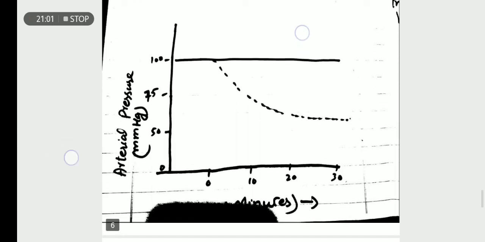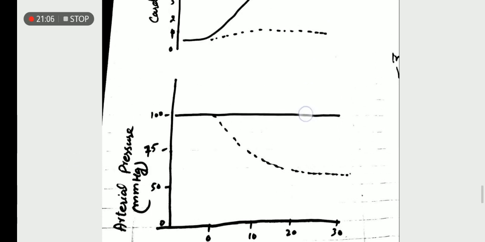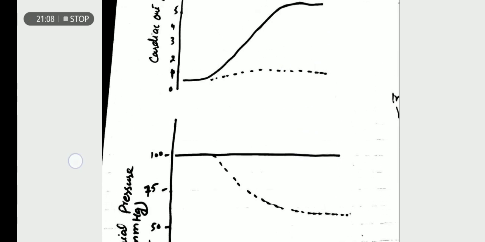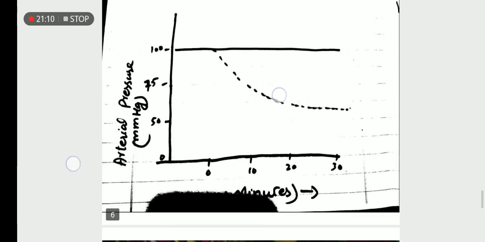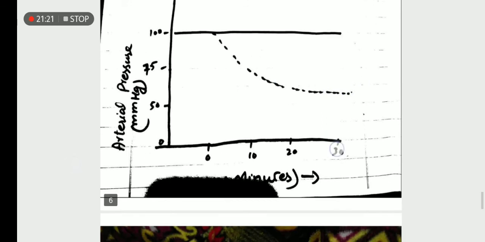In the next graph, here you can see a sharp decrease in the cardiac output. And here in this graph you can see when the nervous system is working, arterial pressure is normal, but when it is not working, there is a sharp decrease in the curve.